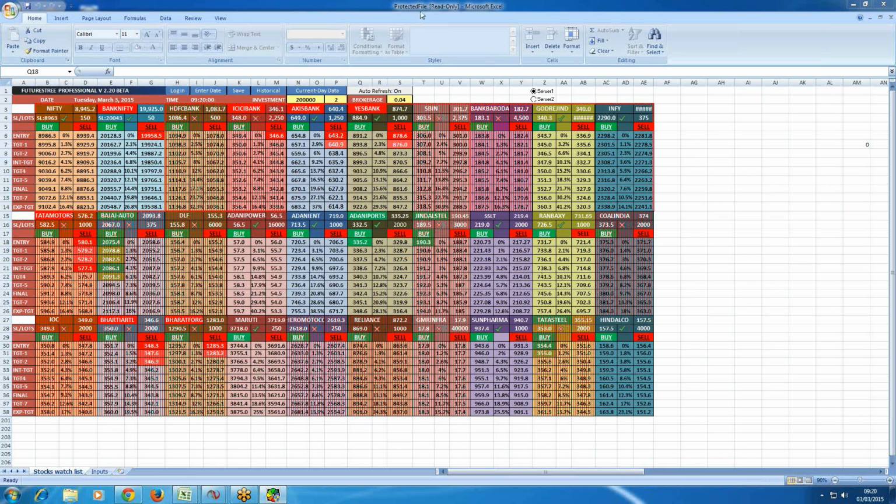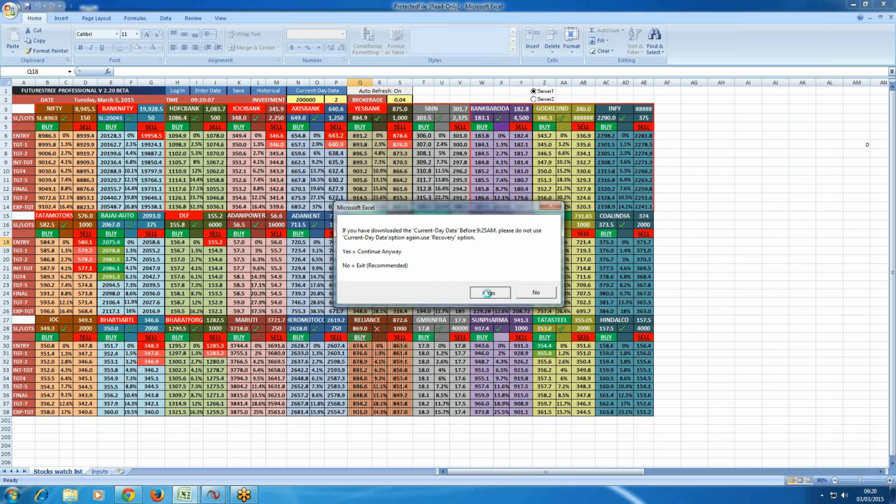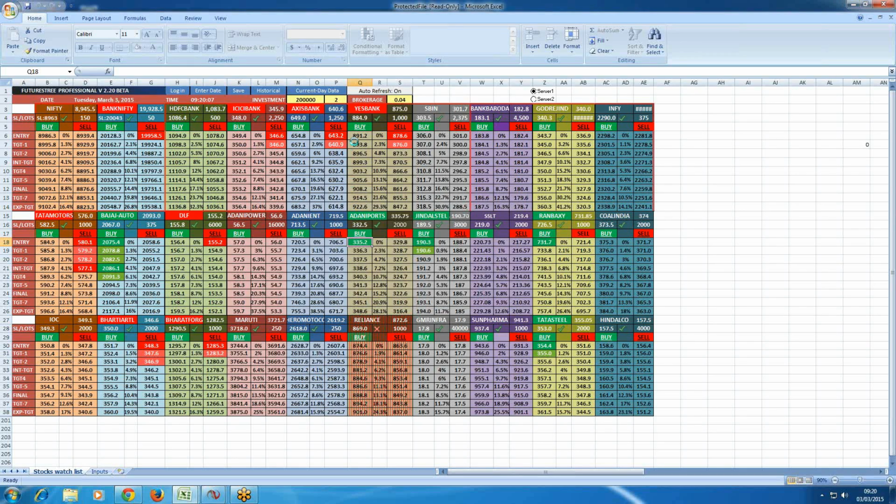So it's 9:20 now. So what I'll do is I'll just take the current day data again. Get a pop-up, just say yes, and then you can see you got the prices for all the scripts. Now we have something in Bajaj Auto and Tata Motors. Tata Motors was a gap down, and Bajaj Auto is a gap up.